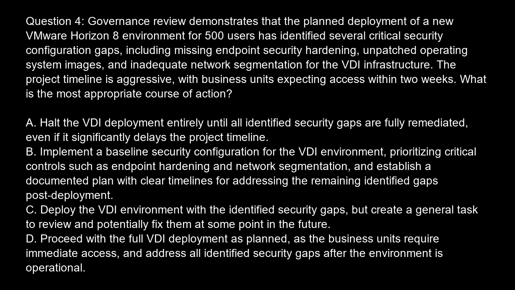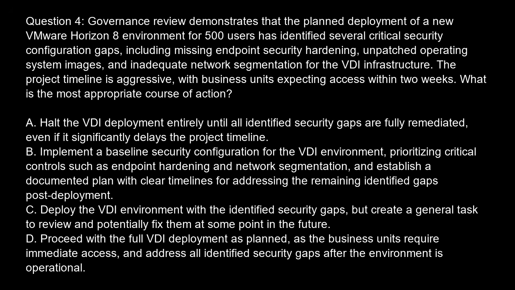Option A. Halt the VDI deployment entirely until all identified security gaps are fully remediated, even if it significantly delays the project timeline. Option B. Implement a baseline security configuration for the VDI environment, prioritizing critical controls such as endpoint hardening and network segmentation, and establish a documented plan with clear timelines for addressing the remaining identified gaps post-deployment.